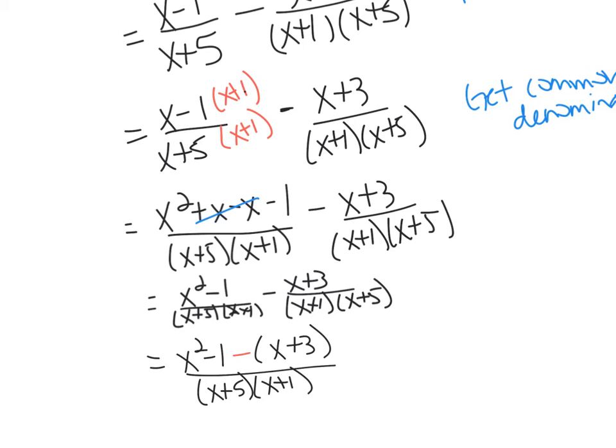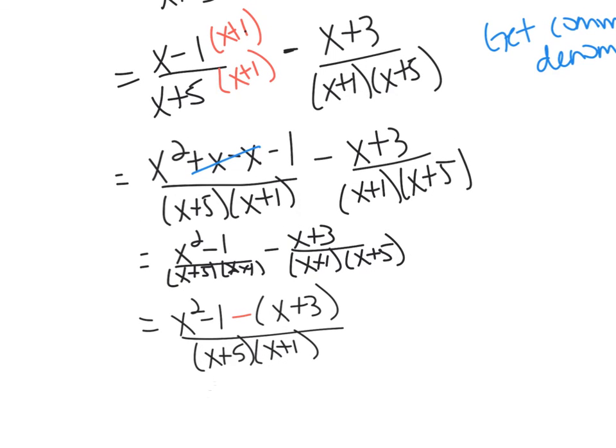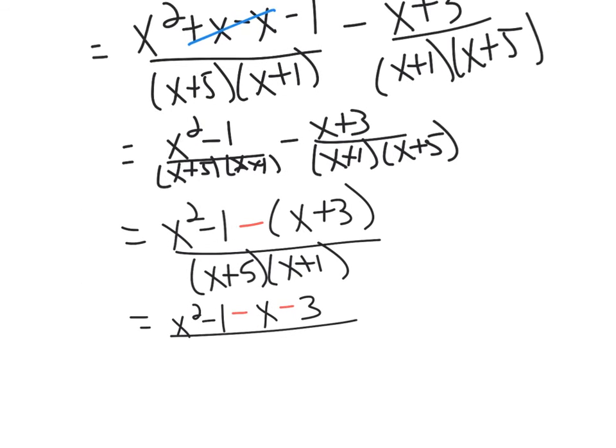So, cannot stress this enough. Make sure to put minus and then a parenthesis. Now, with addition, you're distributing a positive, so it's not really changing your signs. With subtraction, it makes a huge difference. So, if I subtract that, I get x squared minus 1, this would be minus x, this would be minus 3, divided by x plus 5 times x plus 1.